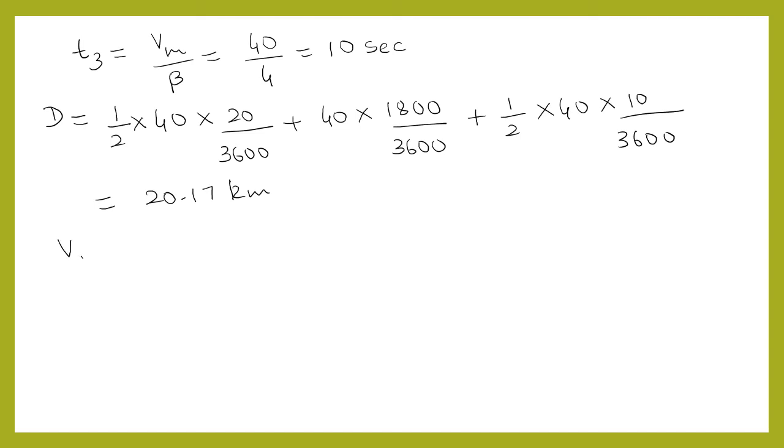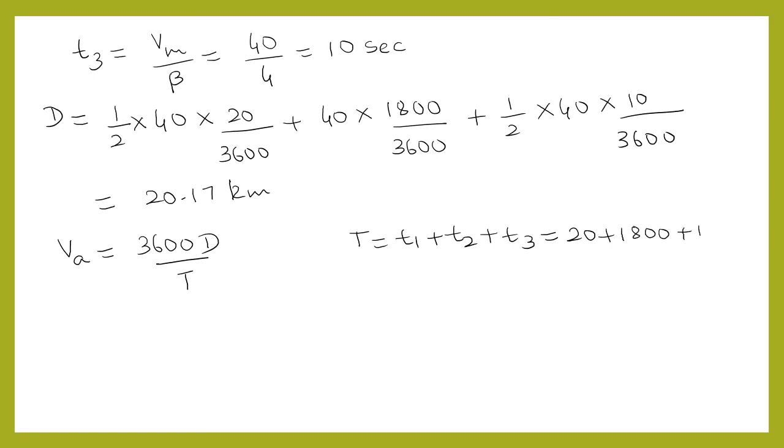Next, we have average speed VA equal to 3600 D by T, where T is T1 plus T2 plus T3, which is equal to 20 plus 1800 plus 10, that is around 1830 seconds.